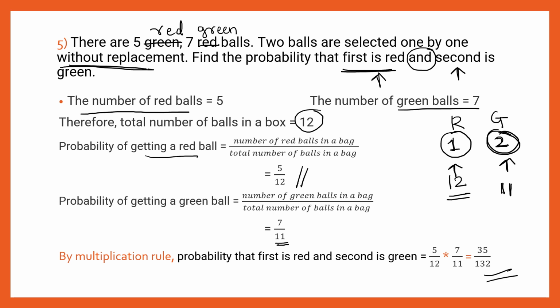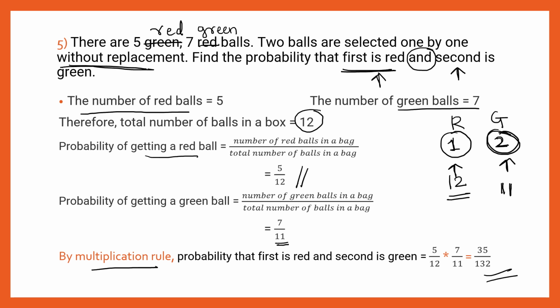Remember this one thing always, when to use the multiplication rule. Whenever there are two events given to us in the question, and they are asking about finding the probability of the first event and the second event, what we have to do by the multiplication rule is find out the probability of the first event and second event and multiply both of them together.